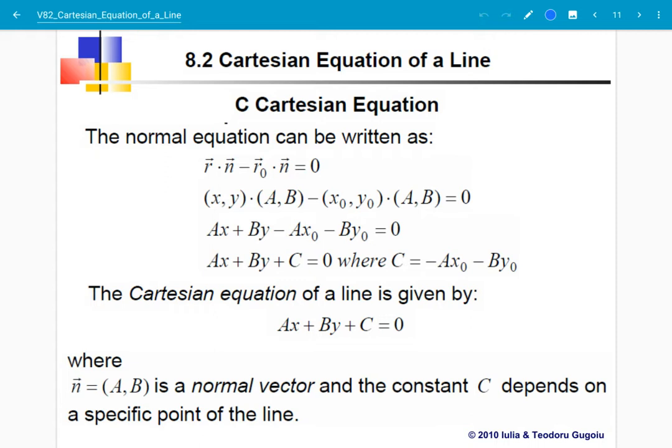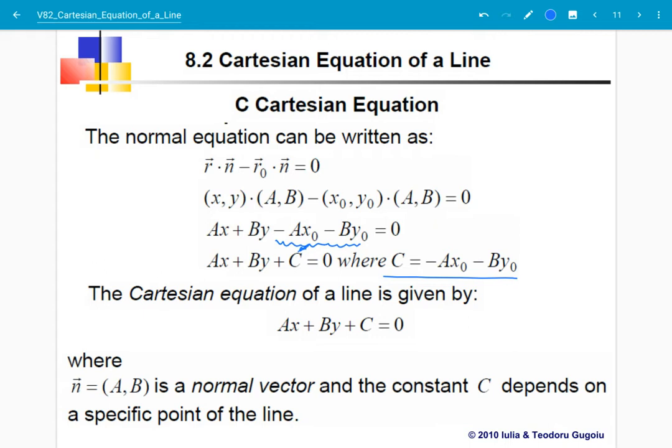Then you have Ax plus By when you dot the first part, and you have negative Ax naught minus By naught from the second part. We combine these, which are a constant, to form C, right? I mean, that's what they're saying there. And that's the Cartesian equation of a line.